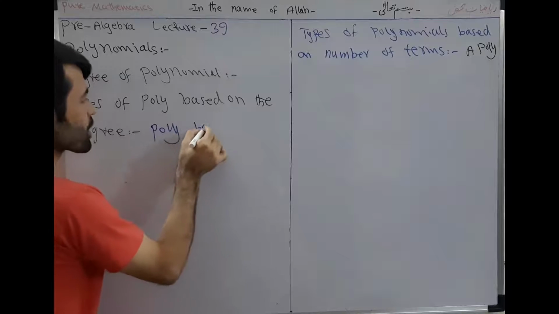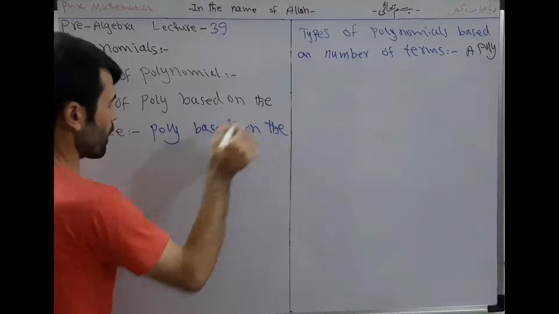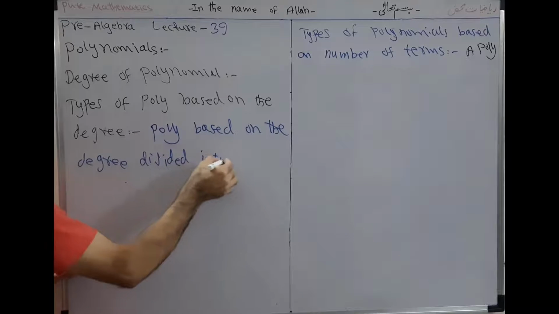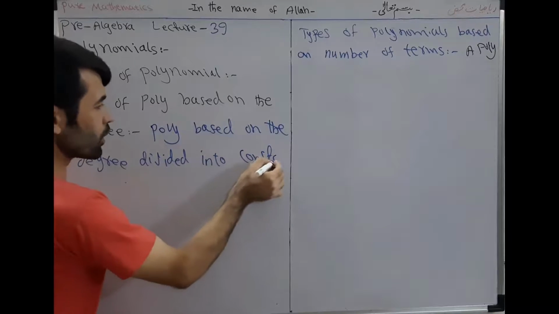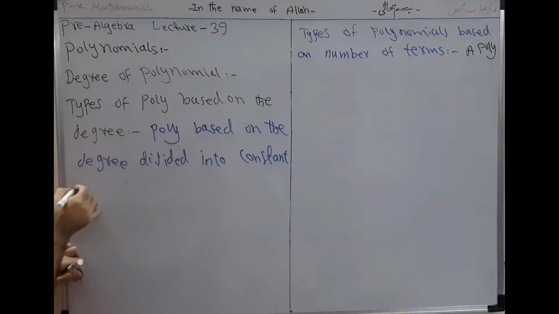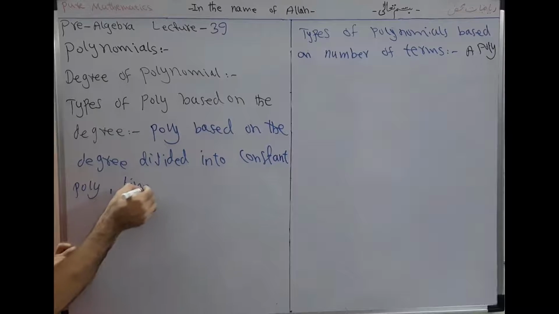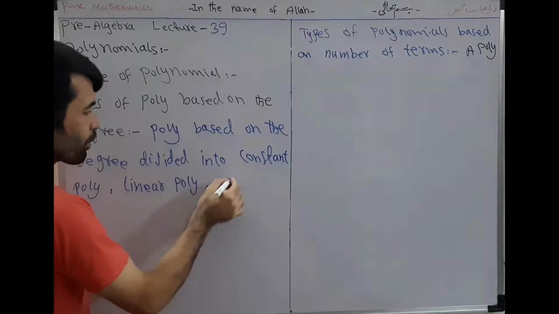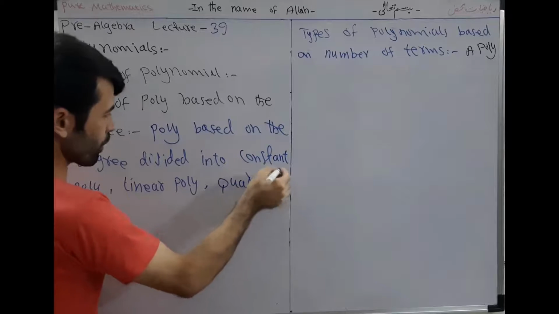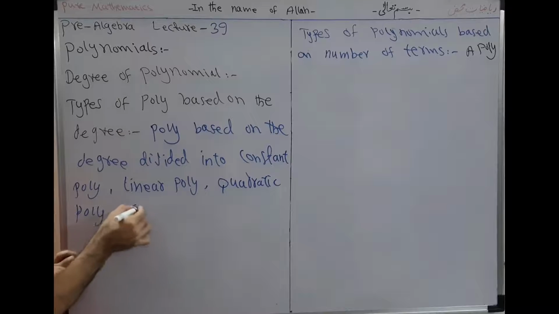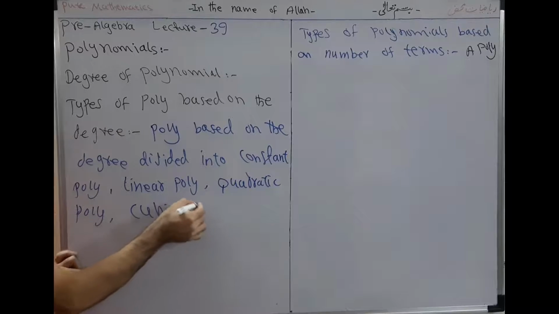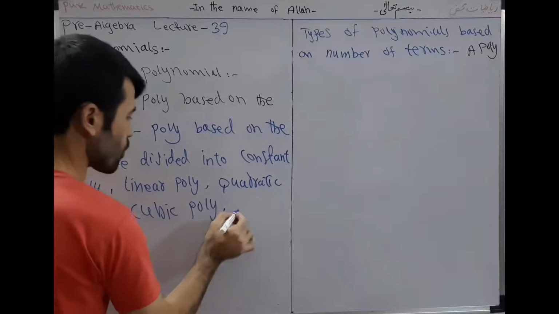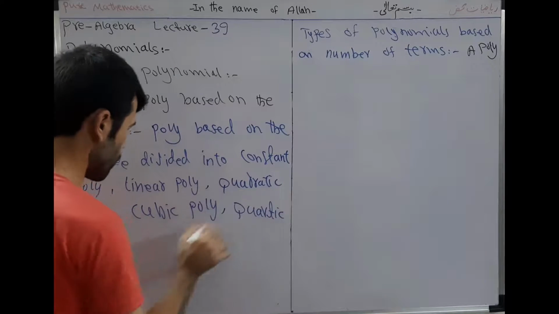Polynomial based on the degree is divided into constant polynomial, linear polynomial, quadratic polynomial, cubic polynomial, quartic polynomial.